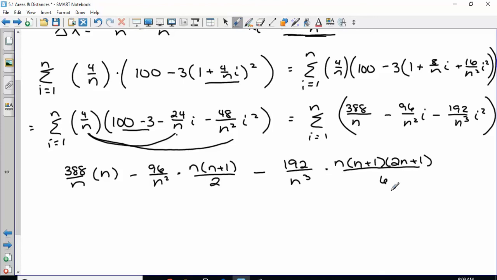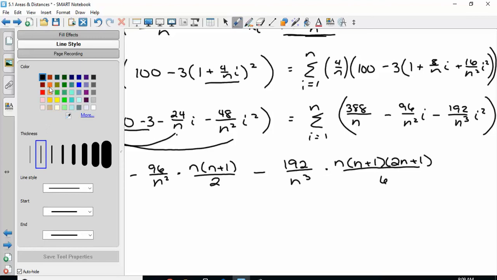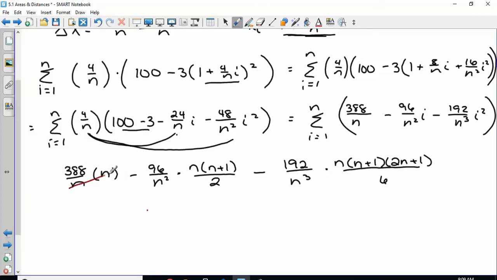Okay, this is definitely not pretty. Have I lost anybody? So we're still just doing algebra to clean this up as much as we can, and then once we decide we can't clean it up anymore, what are we going to do? The limit. Alright, so I could cancel an n here, cancel one n here and here.